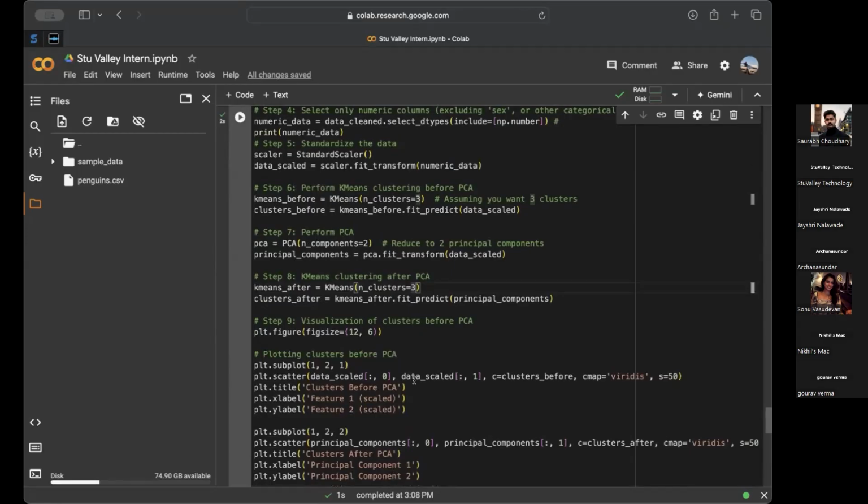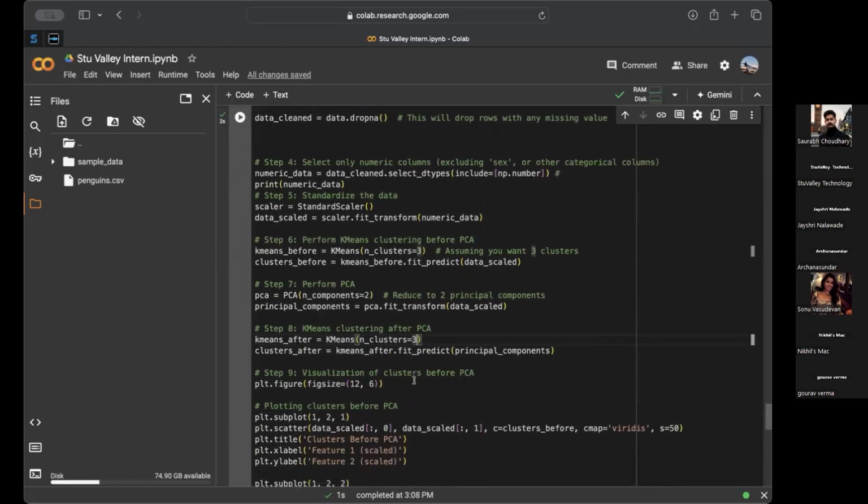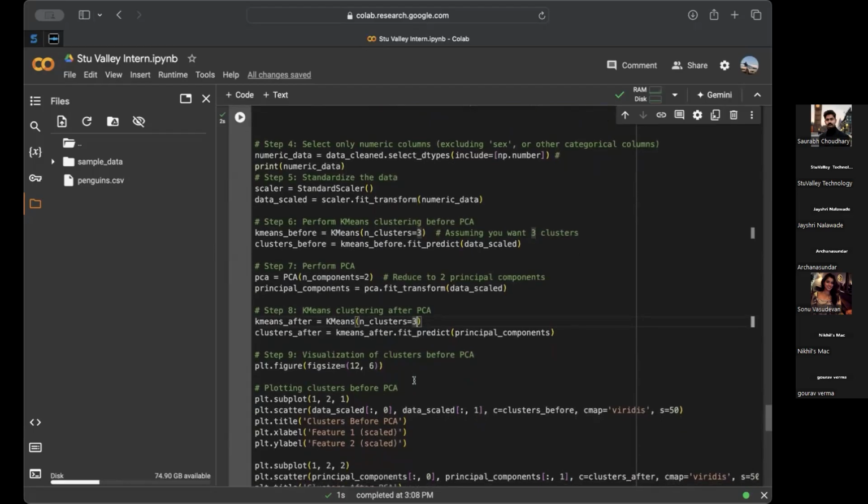Wait, you're performing KMeans and PCA both. KMeans clustering before PCA, and KMeans clustering after PCA. Okay, you are doing PCA. PCA is for reducing the dimension.